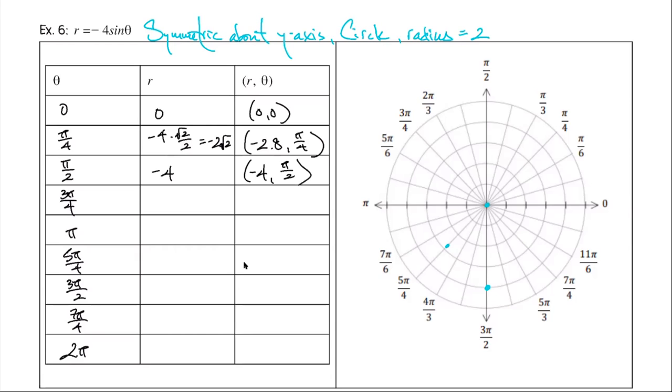So it's a good reminder about those different rules, okay? Because it is a lot to memorize for sure. All right, so if I know that it's symmetric about the y-axis, I can actually plot the other point on the other side, the 2.8 at the 7 pi over 4, because I bet that's going to be another point if I fill out the whole table, okay?